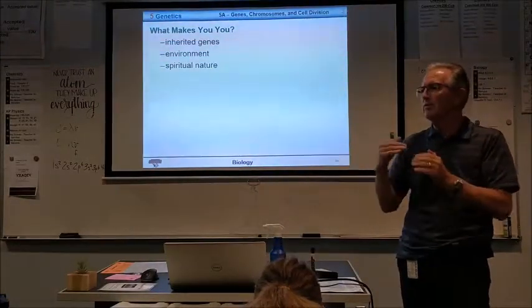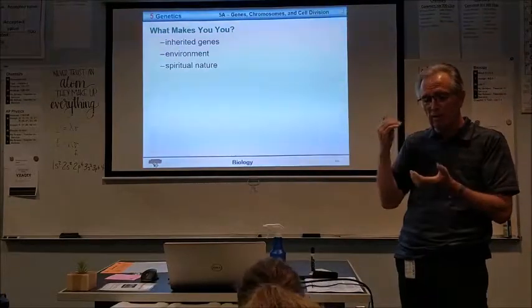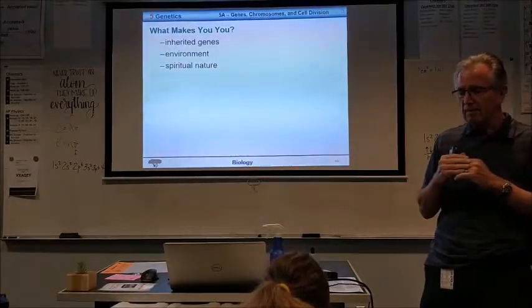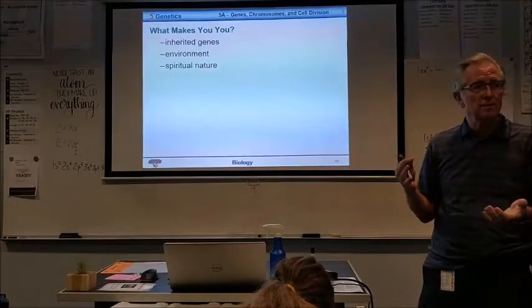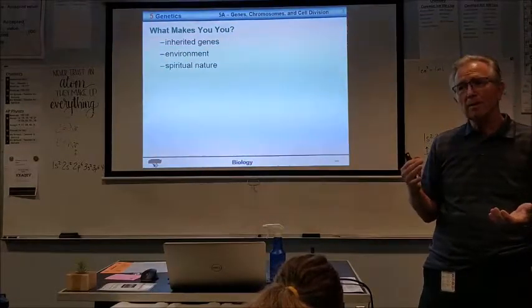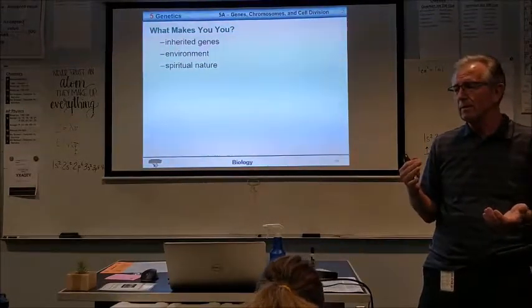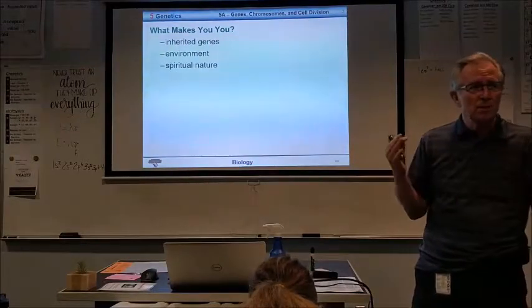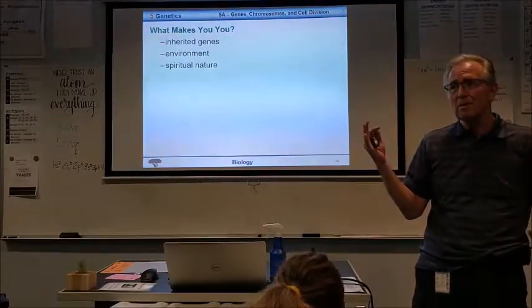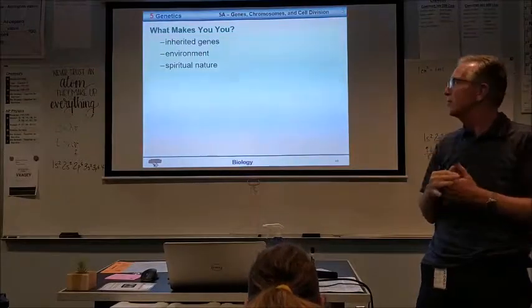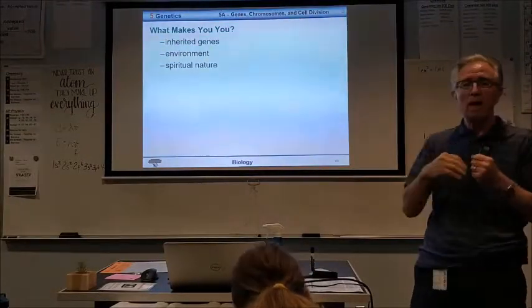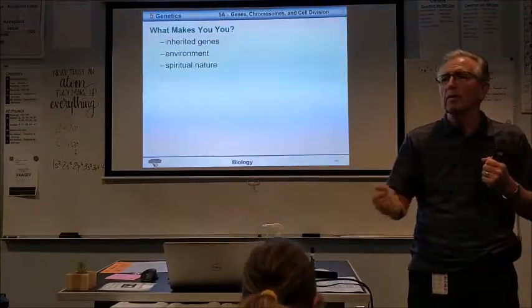But if you live where you barely have enough to eat to survive, you're probably not going to get to 6 feet tall. Maybe in the 5 foot something, but you won't get to 6. So your environment has some impact on how you look.